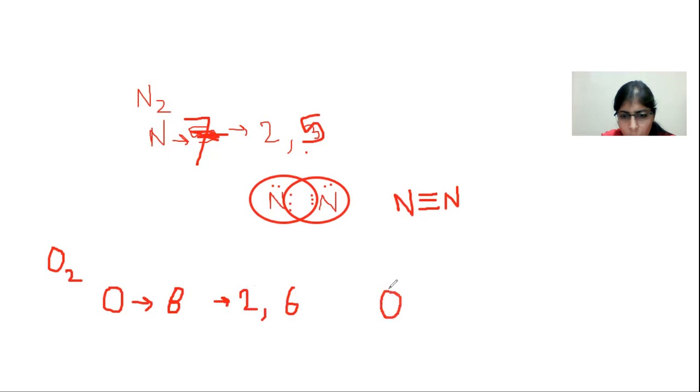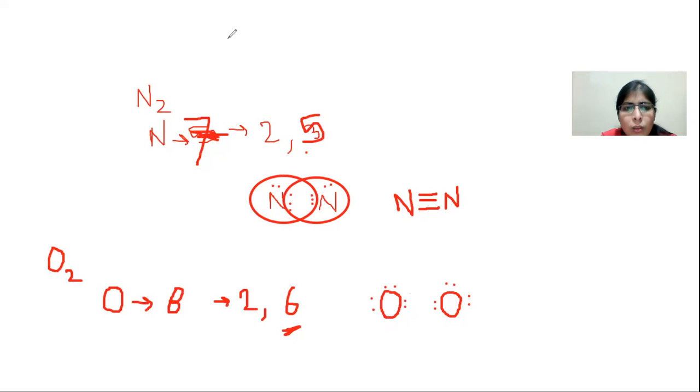Now how do we form the bond? O, and in total we have to show 6 dots. Like this.